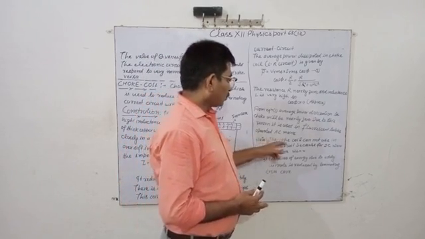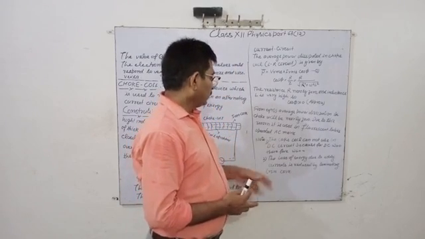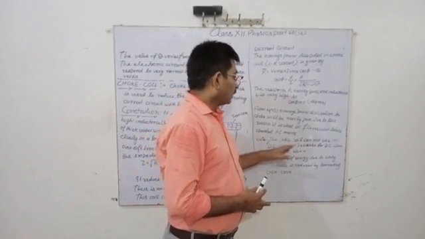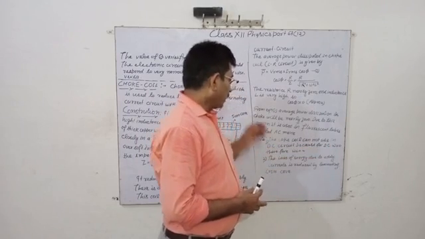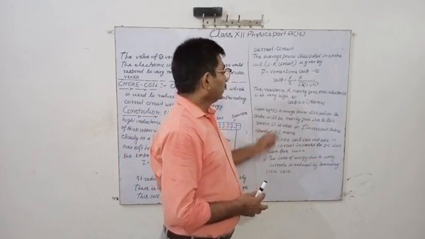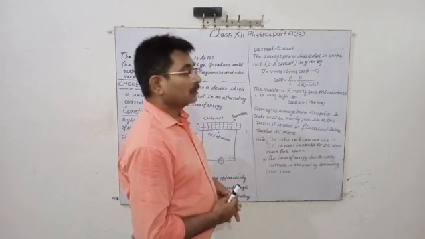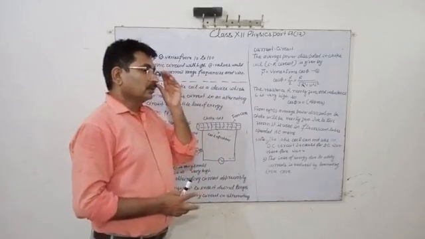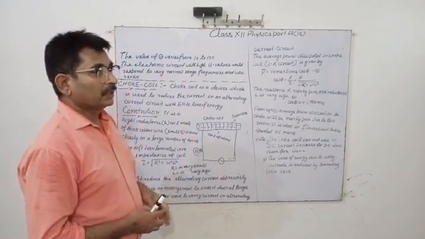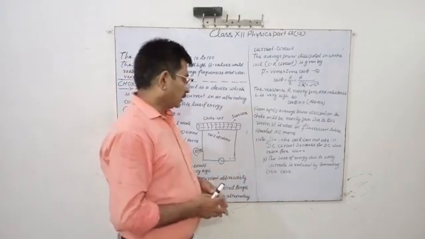The choke coil cannot be used in DC. Why? Because the frequency is 0 and therefore omega L equal to 0, only the resistance will be effective, so it cannot control the current in a DC circuit.